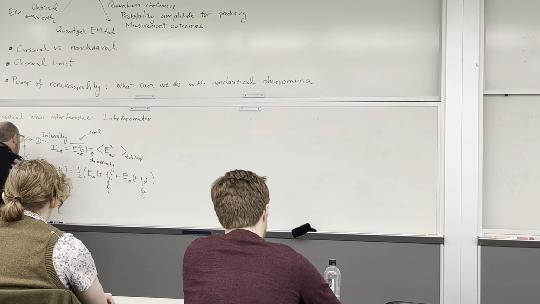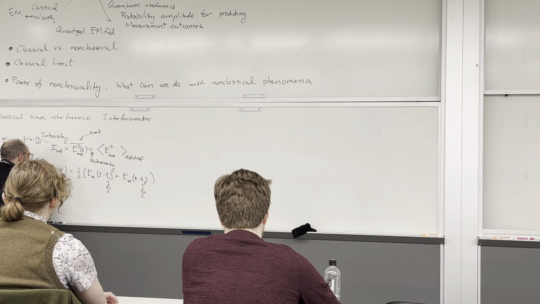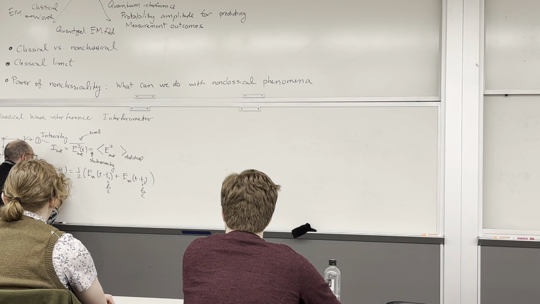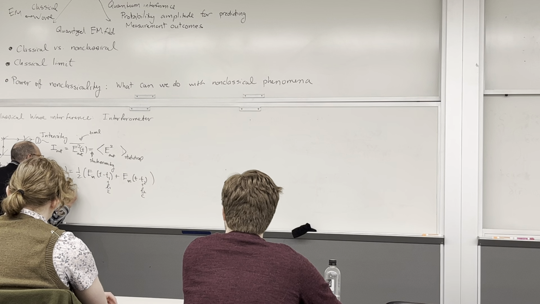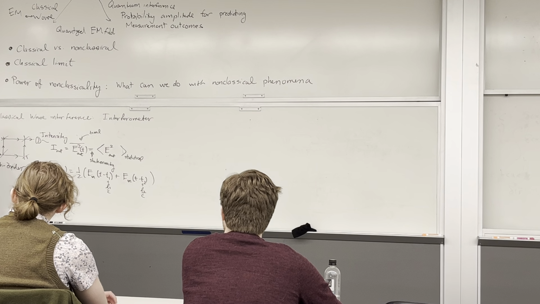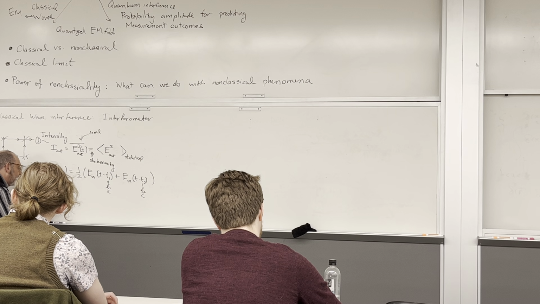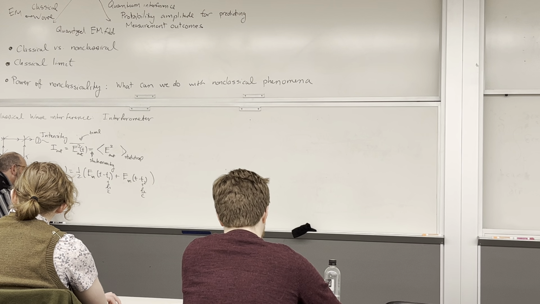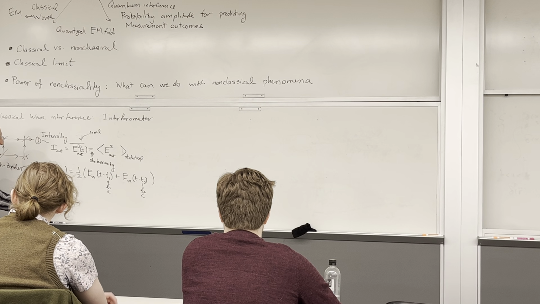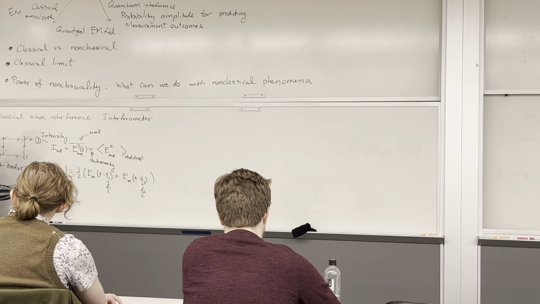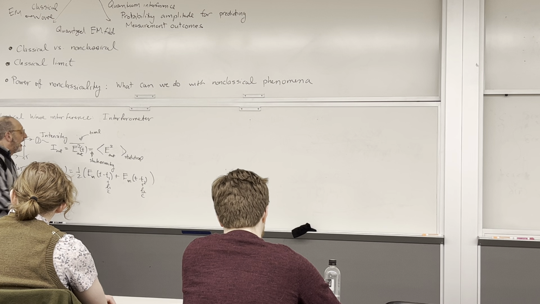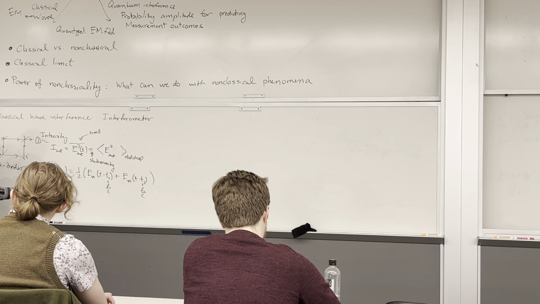And we remember that we can write this field in terms of the positive and negative frequency components, which represent all of the frequency components with positive frequencies from 0, so this is the integral from 0 to infinity d omega of the Fourier transform of the field. That's E plus, and E minus goes from minus infinity to 0, and they represent the complex conjugates of one another.